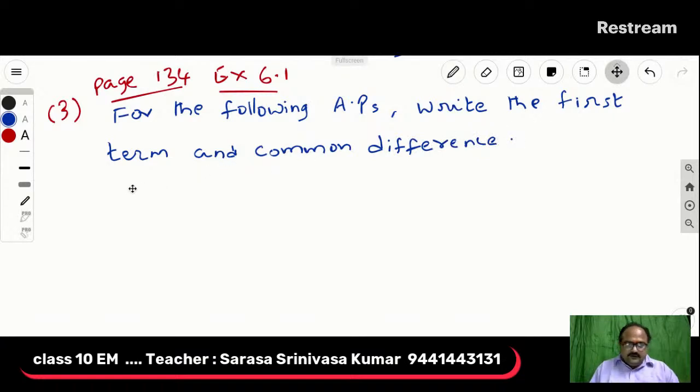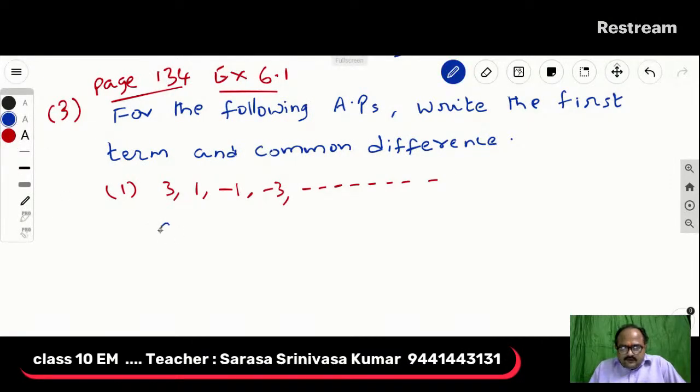Now in this, the first problem: 3, 1, minus 1, minus 3, and so on. First we note down a equal to t1, that is equal to 3. Next we note down t2 equal to 1, t3 equal to minus 1, t4 equal to minus 3.